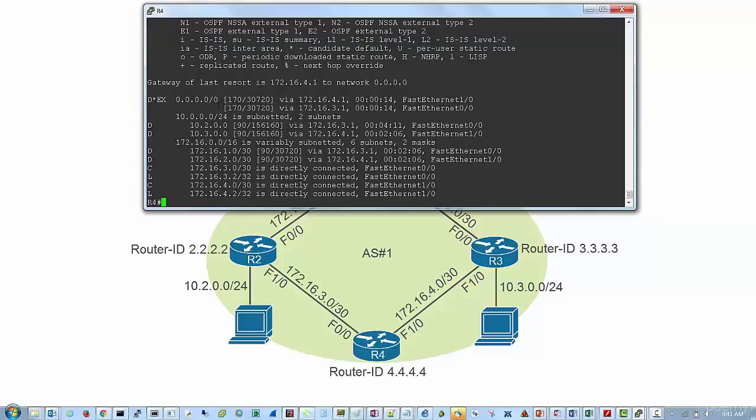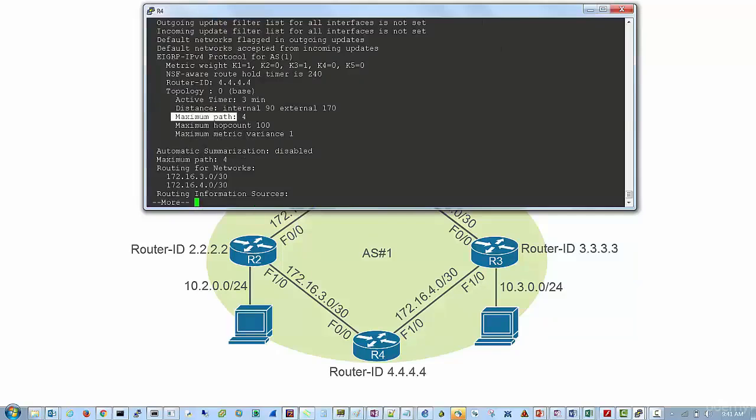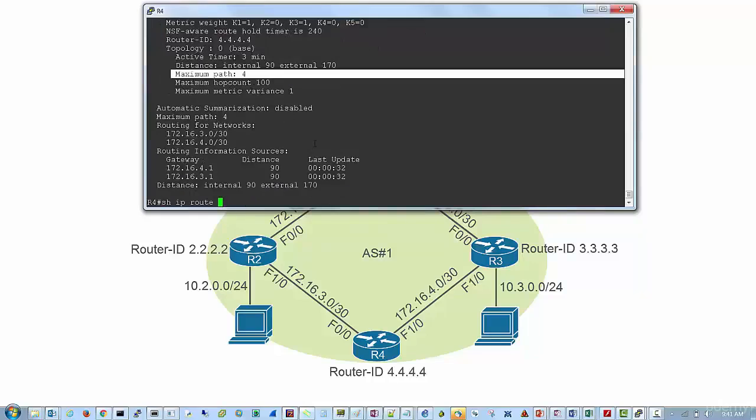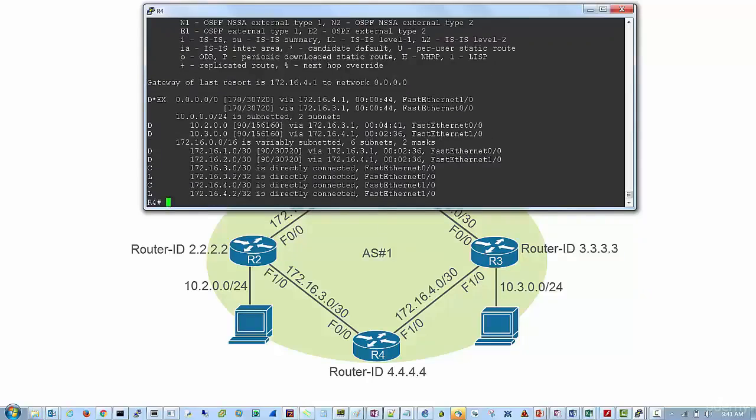If we look at the show IP protocols output, by default EIGRP has the maximum paths of 4. That means it can install 4 equal cost routes in its routing table. Another thing you'll notice, we have this EX code next to our EIGRP code.